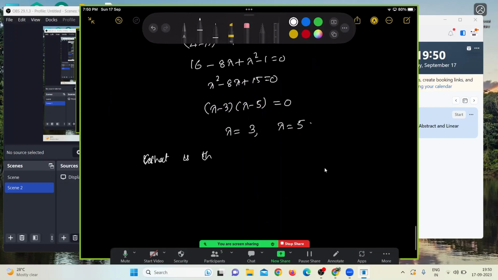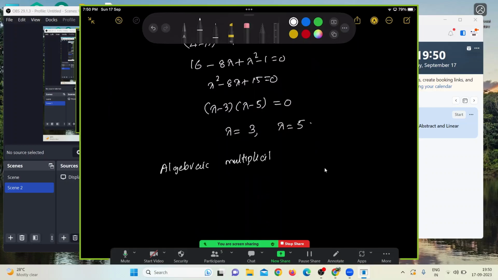Before going to the eigenvector, let me ask one question. What is the algebraic multiplicity of lambda equal to 3? So lambda equal to 3 is one eigenvalue.